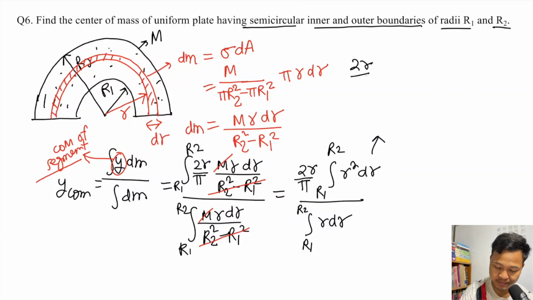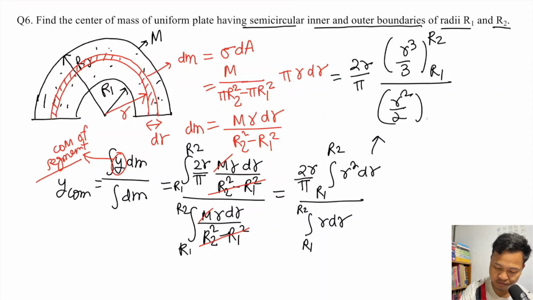So 2r by pi, here you have r cubed by 3 from r1 to r2, divided by r squared by 2 from r1 to r2.